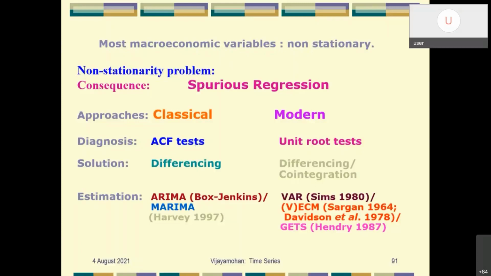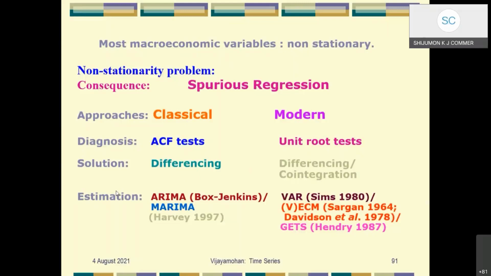Then, of course, we have some statistical tests also for the classical methods that I haven't taken up. For the modern one, we have the unit root test. Then the solution for the classical one is differencing. For the modern one, of course, we use differencing, but mainly we use cointegration. If cointegration is not possible, then we go for the difference.